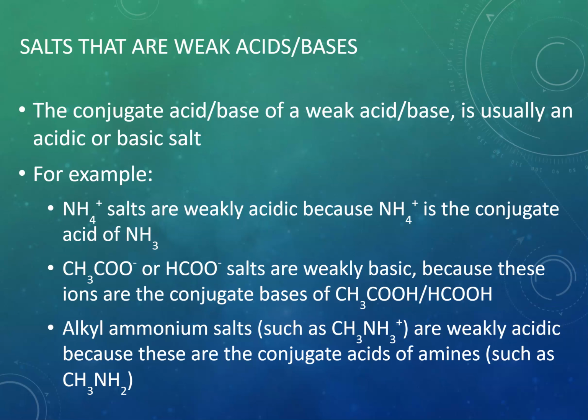Now you need to be able to recognise that sodium ethanoate contains the ethanoate ion. The ethanoate ion is the conjugate base of ethanoic acid. Ammonium chloride contains the ammonium ion. The ammonium ion is the conjugate acid of ammonia, which is a weak base. So you have to be able to recognise those because they do pop up quite regularly.